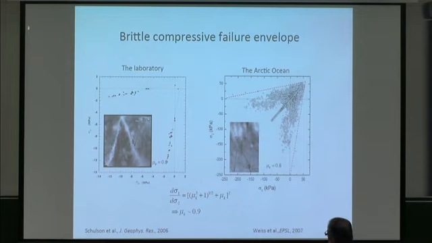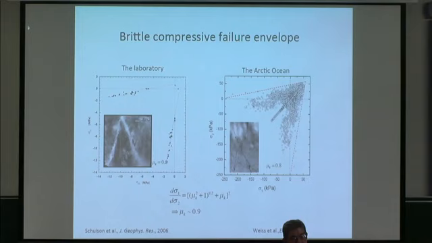In the field, one simply has all kinds of points, and you don't know what is actually going on when you're measuring the stress. But if you put a limit on the field of points measured, then you obtain a failure envelope, the slope of which is almost identical to the slope of the envelope measured on the small scale in the laboratory.